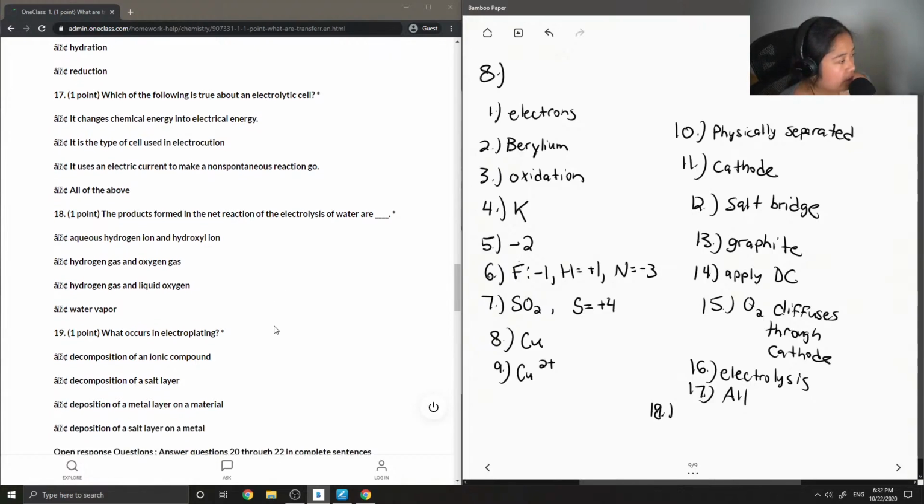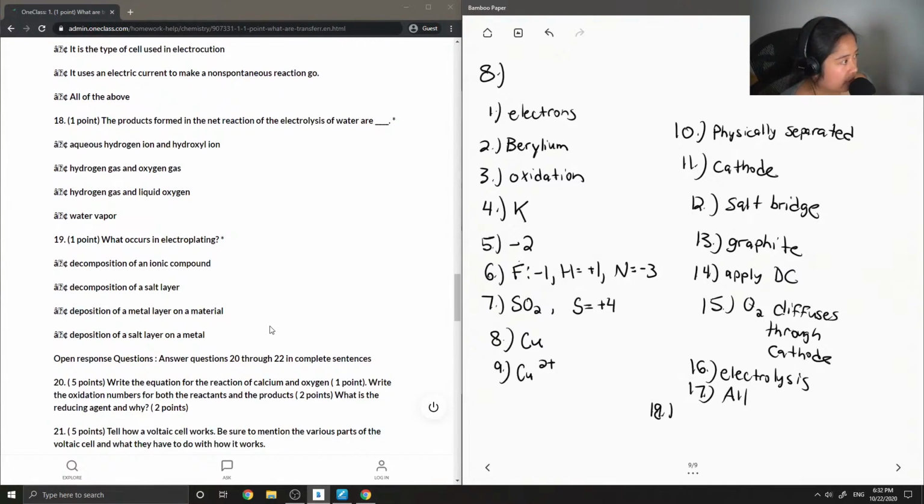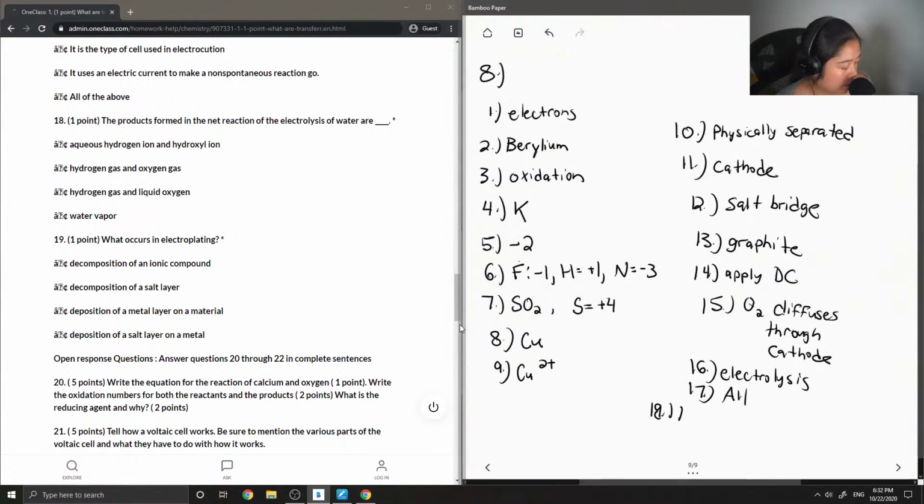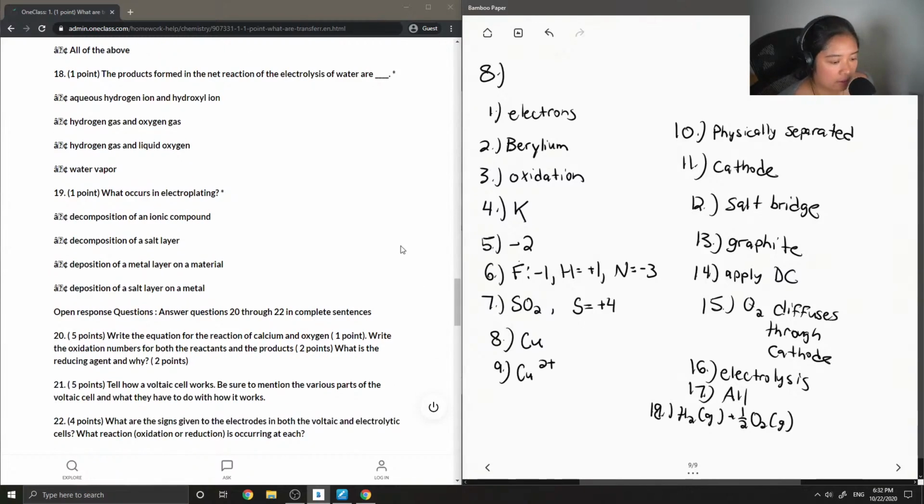18. The products formed in the net reaction of the electrolysis of water are both hydrogen, H2, and oxygen. I'm just going to answer this last one.